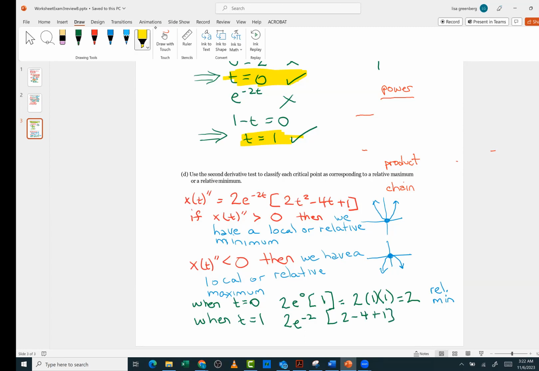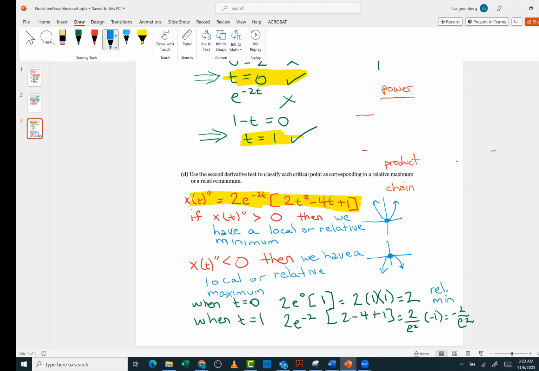I'm still plugging my values into this function. This equals 2 over e squared times 2 minus 4 minus 2 plus 1 minus 1, which equals negative 2 over e squared.